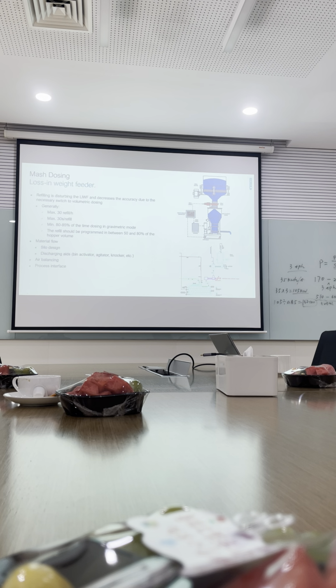Here we have a capacity of 6,000 kg per hour, and this 6,000 kg we need to complete in 30 refills, and every time we need to do 200 kg. And this 200 kg needs to be completed in 30 seconds.